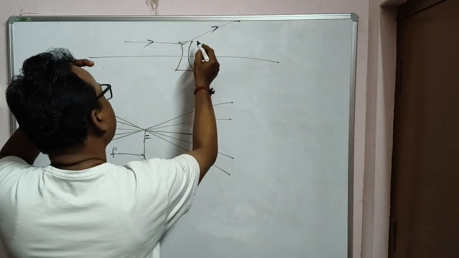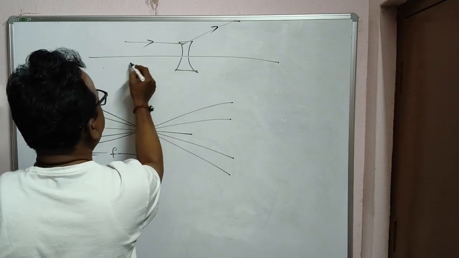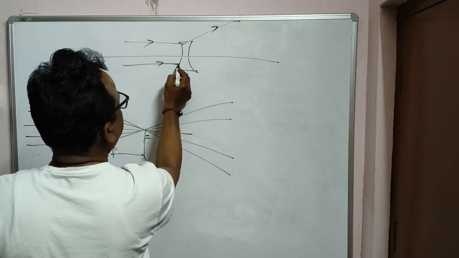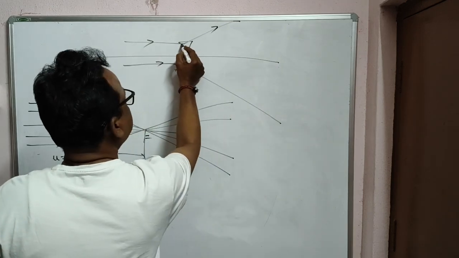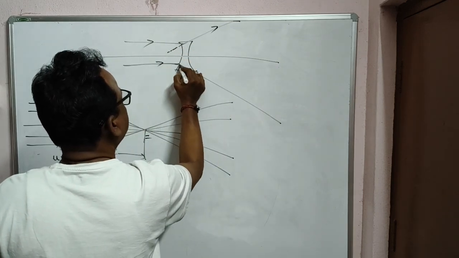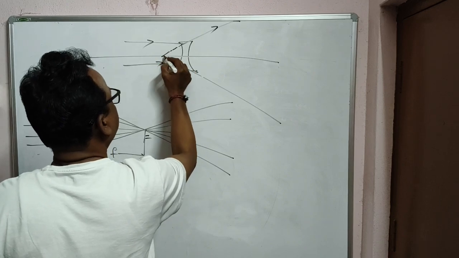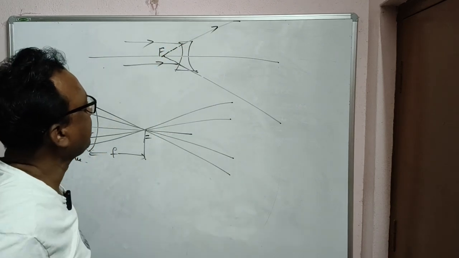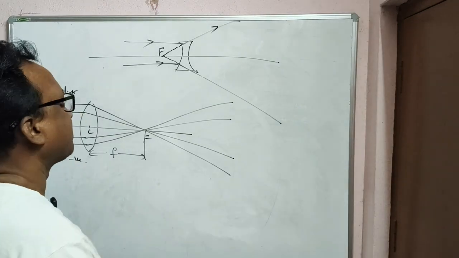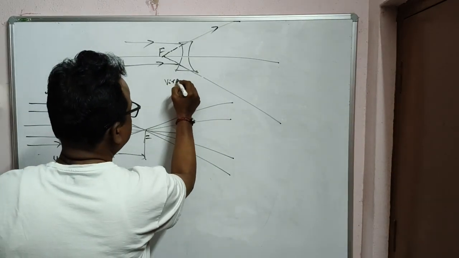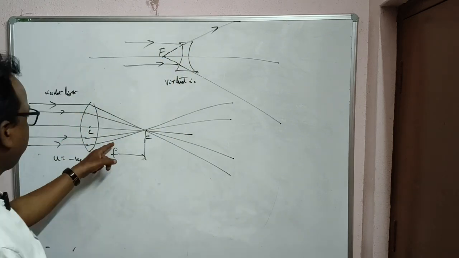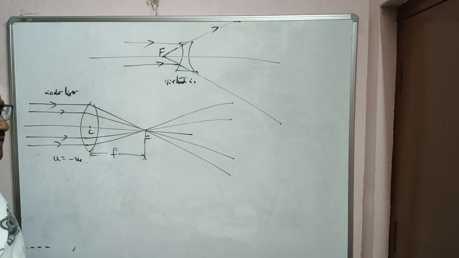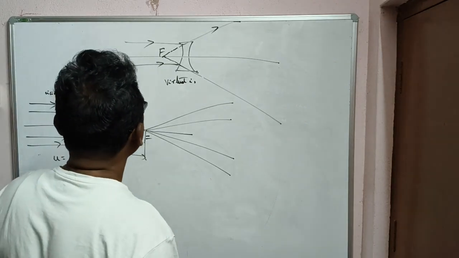Whatever parallel light you take, it diverges. These rays will not meet, but when you extend the light rays, they meet somewhere here. So this is the focus. That means here the image is a virtual image. You can see the dotted lines. In the convex case, the image is real and, of course, mostly inverted.